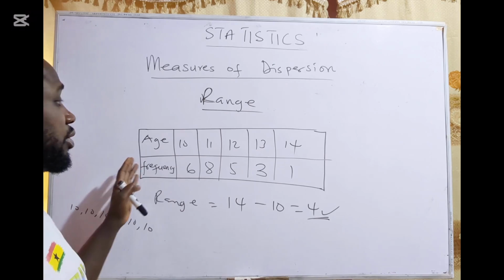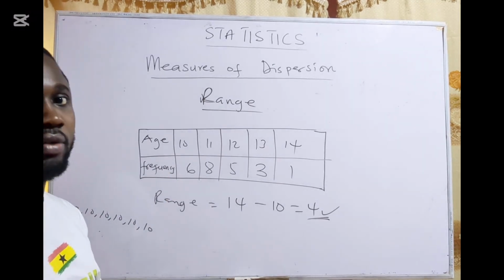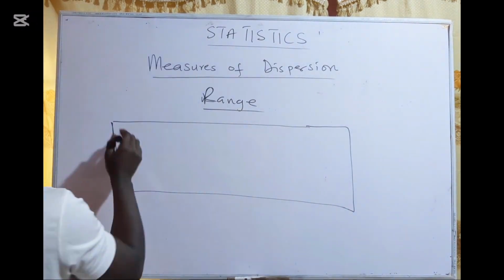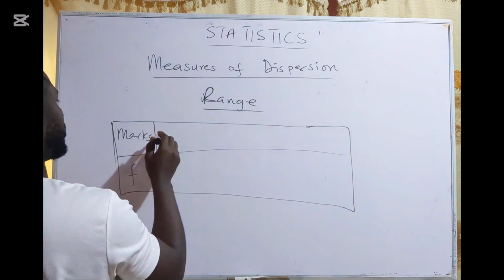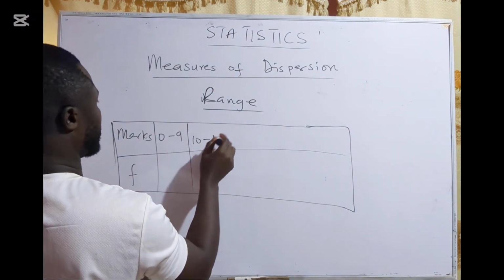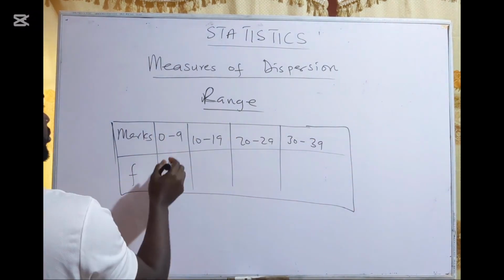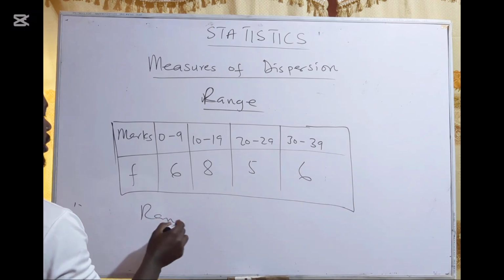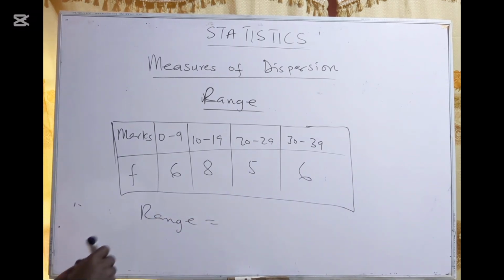Let's look at a grouped frequency distribution too and see how we can also find the range. What will be our range here? This is a grouped frequency distribution table.